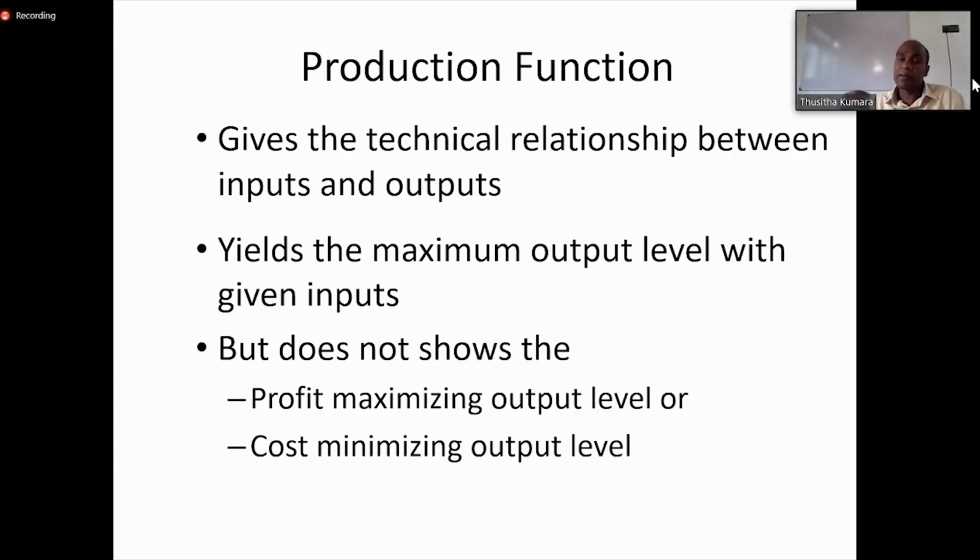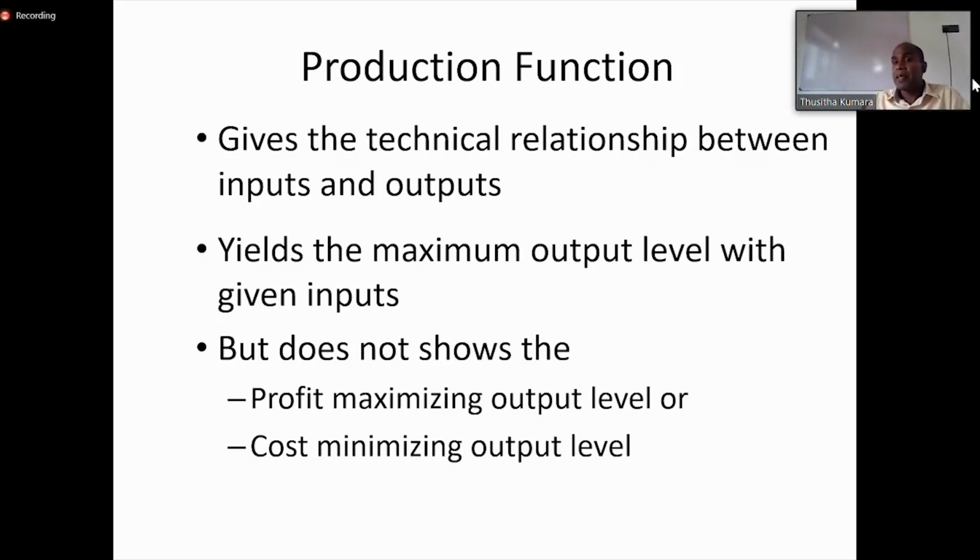However, remember, production functions will not be giving the profit maximizing output level. We can get it using the help of production functions. We are going to decide what is the profit maximizing output level. Right? If I am the manager, I need to decide how much to be produced. That will be decided with the help of production function.